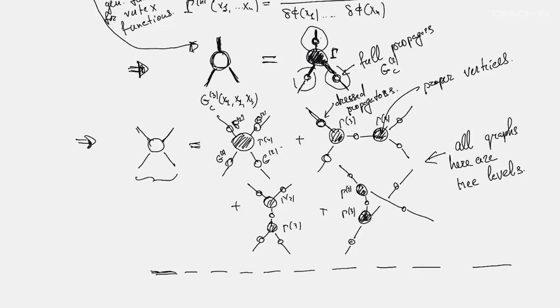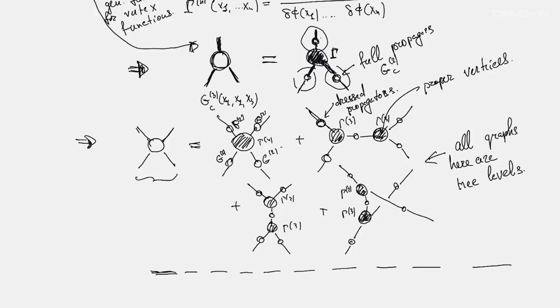As soon as we know all one particle irreducible graphs, then summation of the theory is a summation of tree-level diagrams, constructed from, in a way, Lego, where the Lego elements are these gammas. So you have only gammas, and from these gammas, you build up any connected diagram you like.